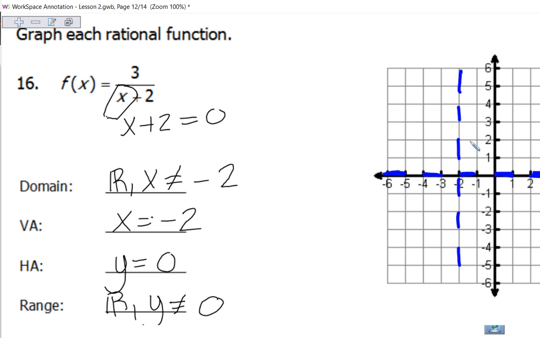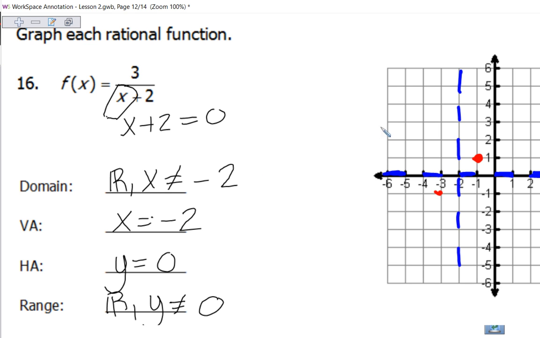Now yesterday, don't put these points here because they're wrong. Yesterday we found where the asymptotes intersect, we went over one up one and over one down one. But that's because we had a 1 in the numerator. Do we have a 1 in the numerator? No. So this is actually stretched by a factor of 3.